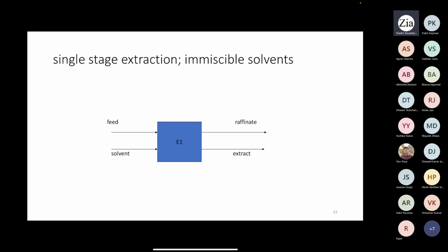And in the second extractor, it is very much possible that you are trying to remove most of the hydrophobic component. So there also you will use a desired solvent. So you can have multiple extraction units, and their solvents could be varied. Depending upon your requirement, you can vary the solvent, and then finally you see the product quality and quantity after the final extraction unit.